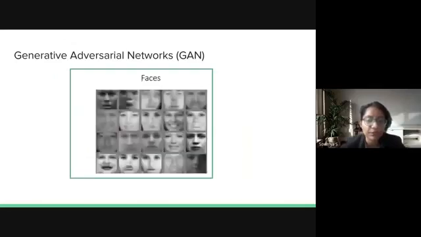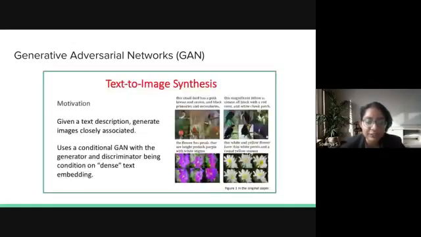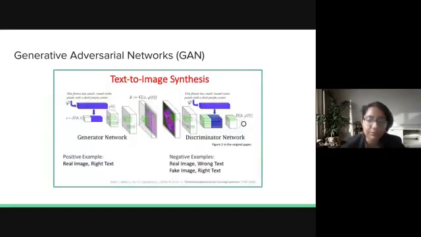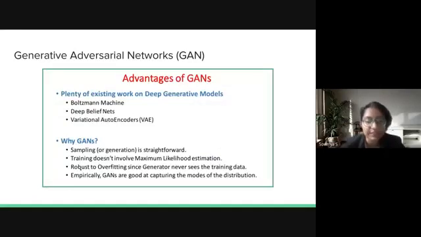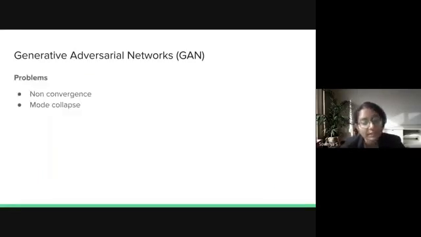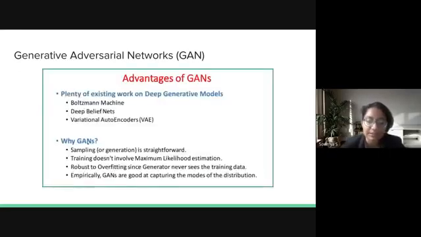Though the fact that the generator does not see the input is an advantage and makes it robust to overfitting, it is also a disadvantage in the sense that it leads to non-convergence. The next problem is mode collapse. Mode, as I said before, they are good at capturing modes of the distribution.